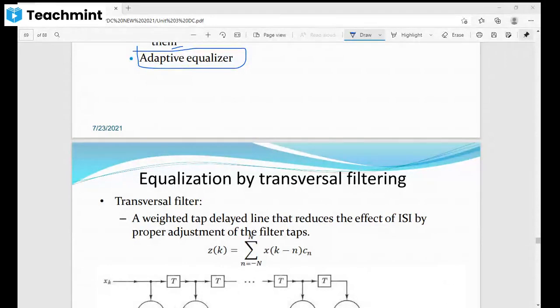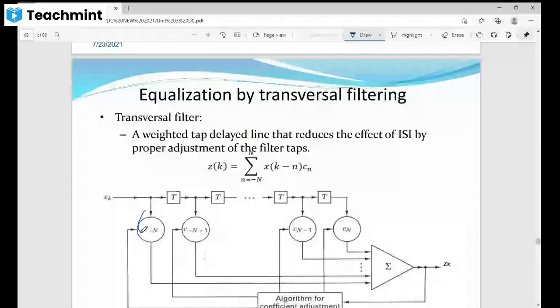That is adaptive equalization. In short, it updates the coefficients of the taps: coefficient 1, coefficient 2, coefficient 3, coefficient 4, and so on.